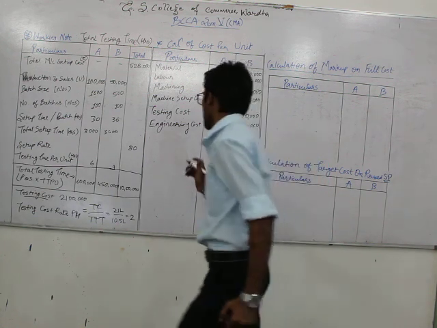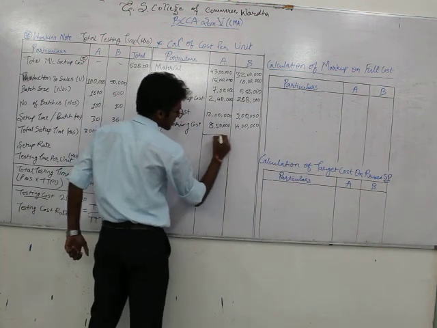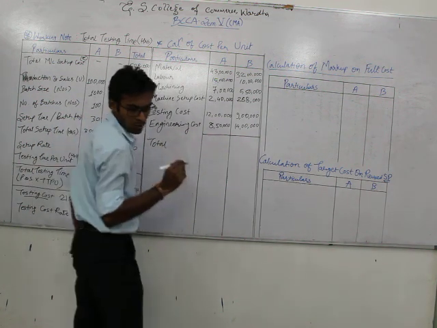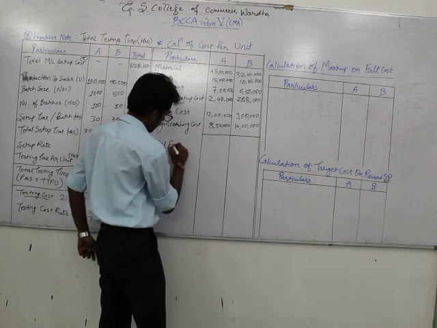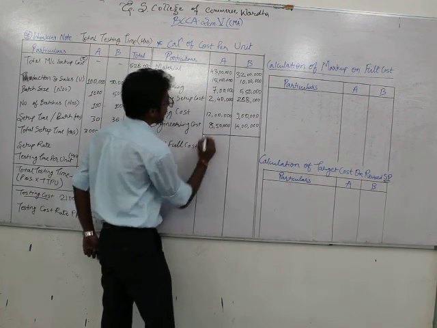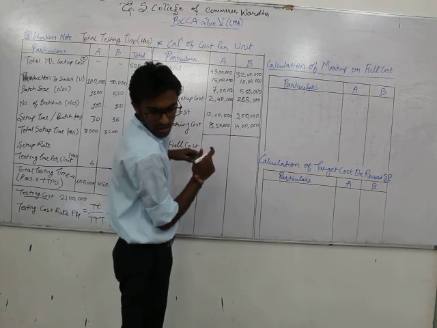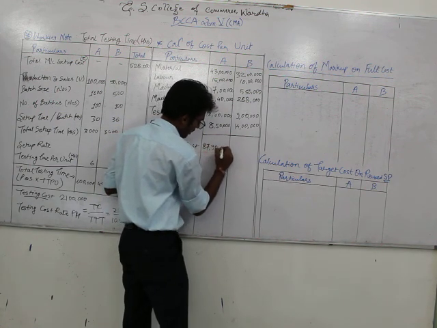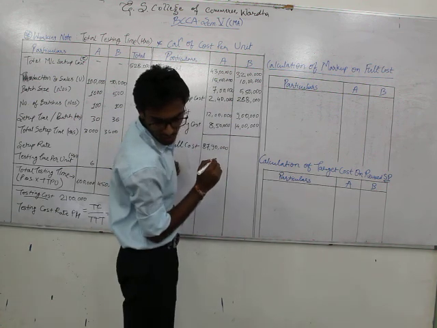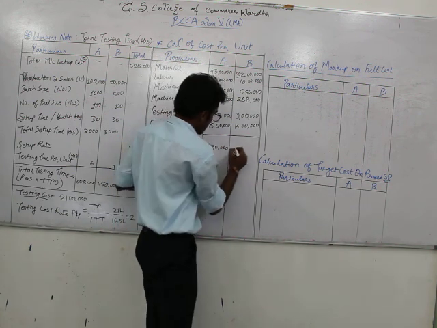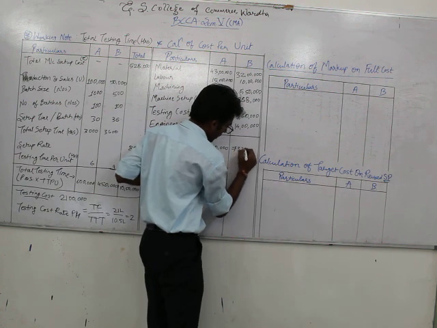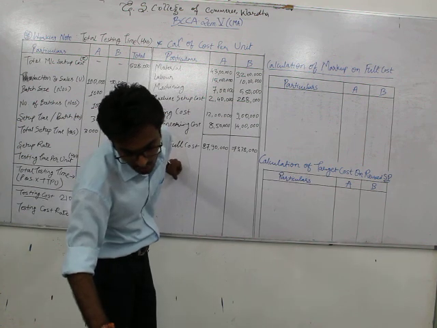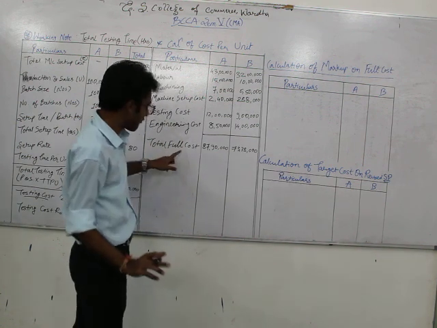After that, if you add these, you will get the total full cost. By adding this you can get 87,90,000, and for B that will be 73,38,000. Okay, so this is how you get your total full cost here.